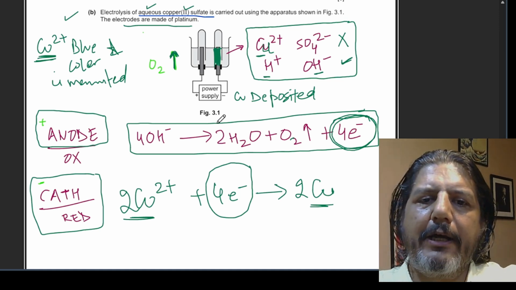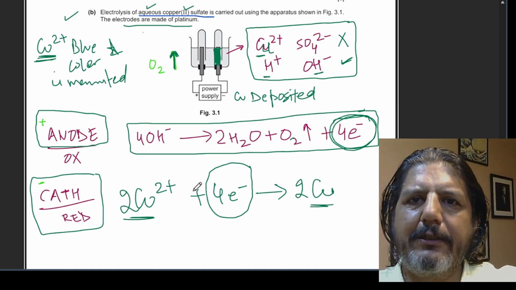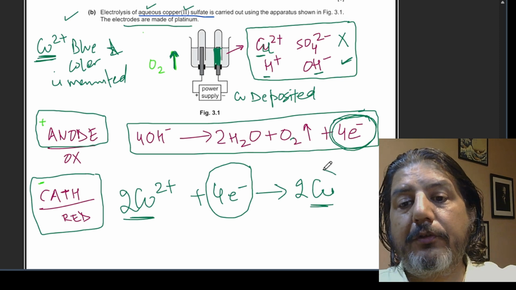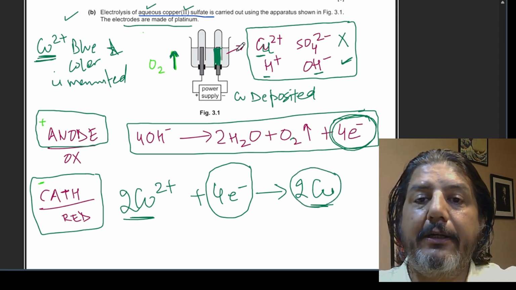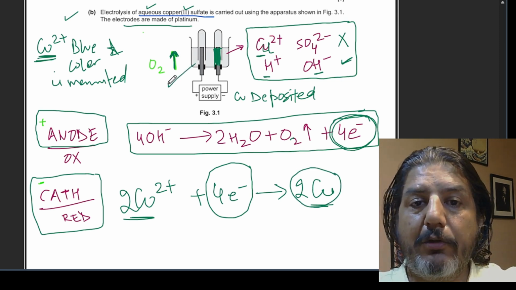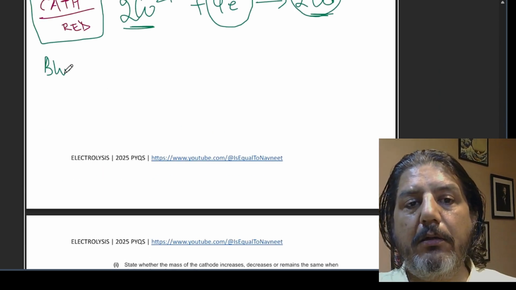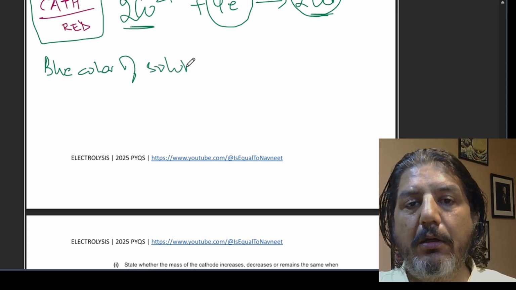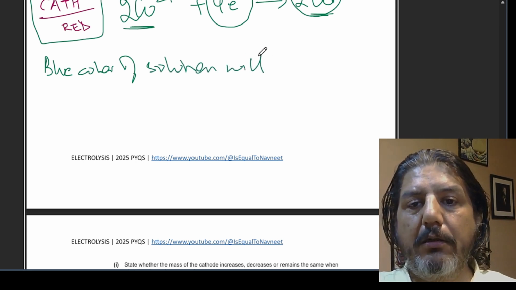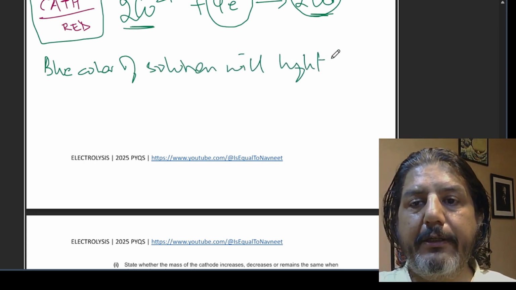Now as the concentration of Cu2+ starts getting low, because the Cu is getting discharged and deposited here, the blue color of the solution will lighten, will start to fade away.